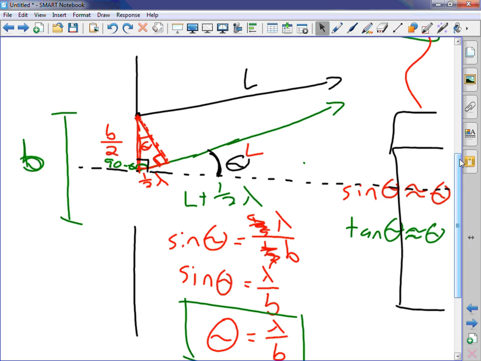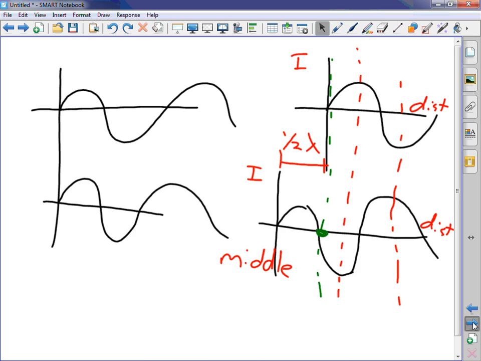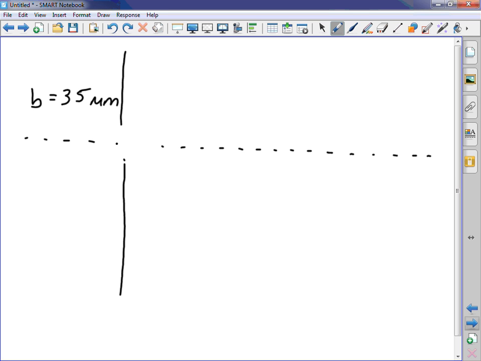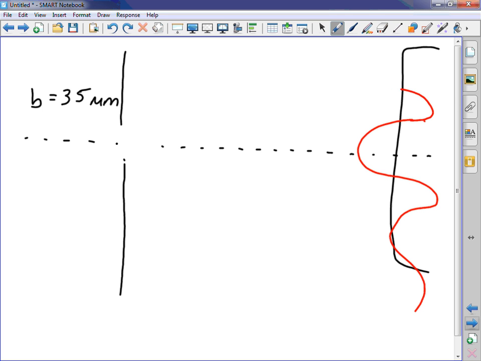So, what I can do here, let's set up a problem. I have a single slit with a width of, I don't know, let's say 35 micrometers. And I shine monochromatic coherent light through it onto a screen, and I get a diffraction pattern with high intensity, minima, and so on down like this.